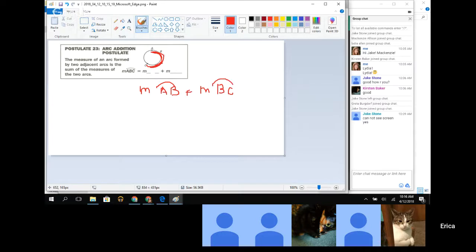So basically when you're doing arc addition, kind of a weird word, right? You can add AB plus BC in purple, and you can add them together to get the measure of ABC. I think that's pretty self-explanatory, right? Add them together, that's what you get.